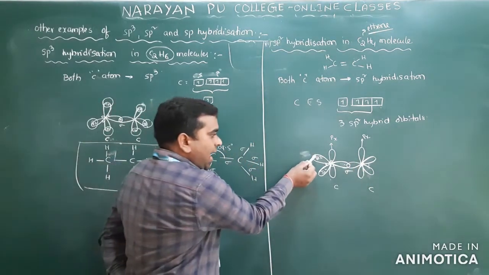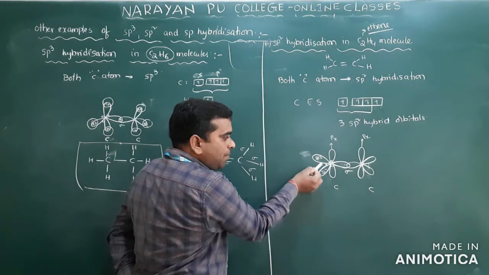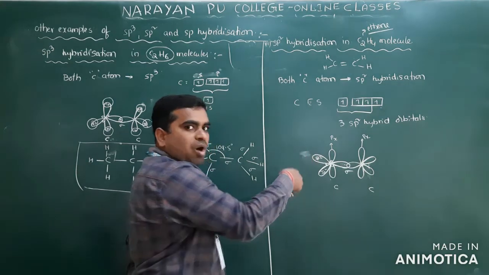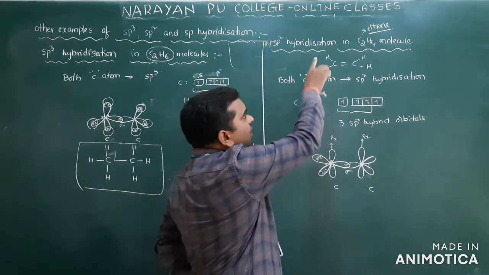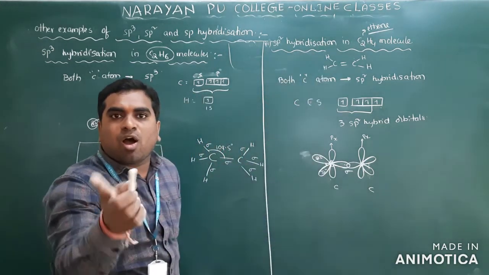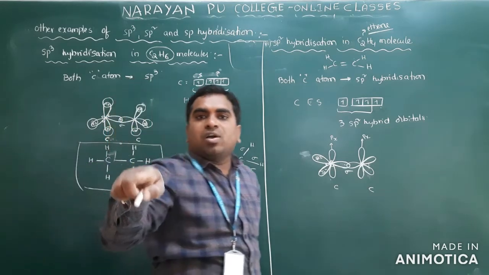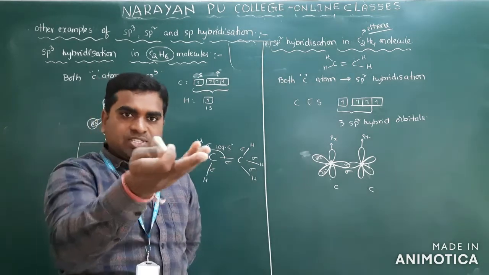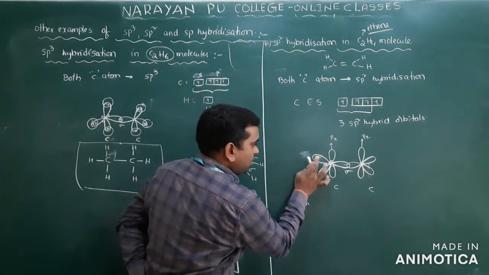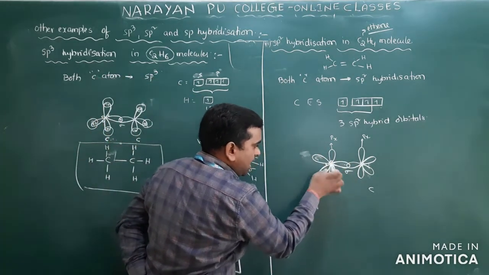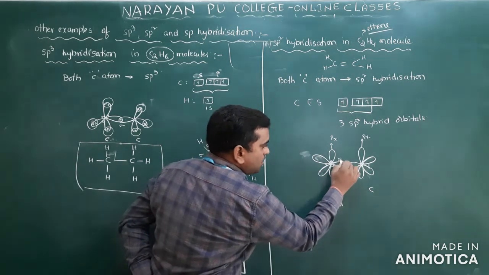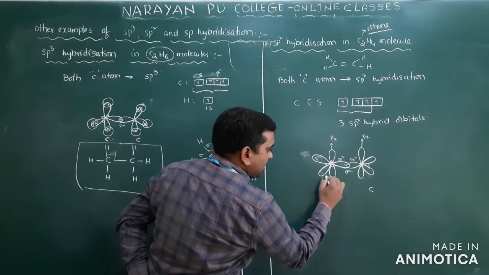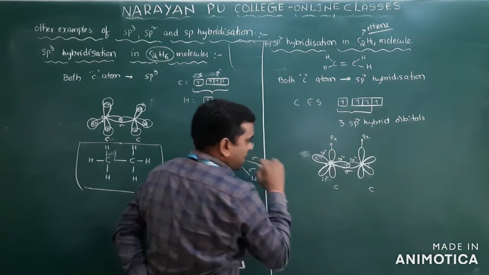Two hybrid orbitals of each carbon overlap with the half-filled atomic orbitals of hydrogen along their respective internuclear axes and form sigma bonds. Clear? These hybrid orbitals are all sp2 hybrid orbitals.